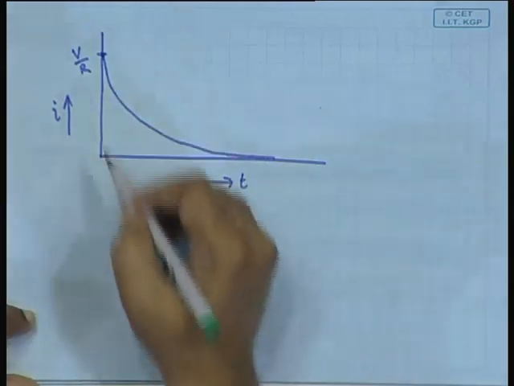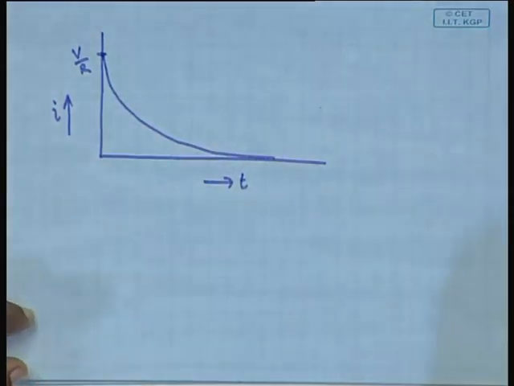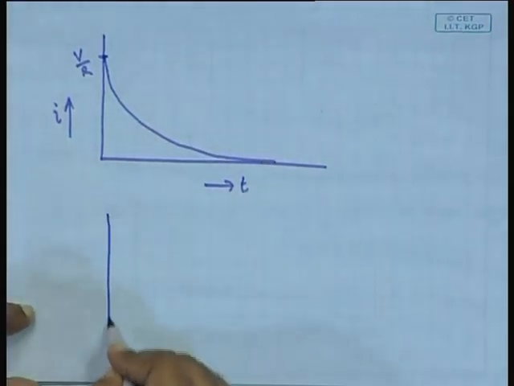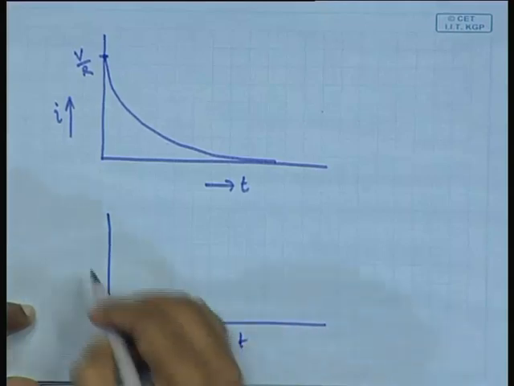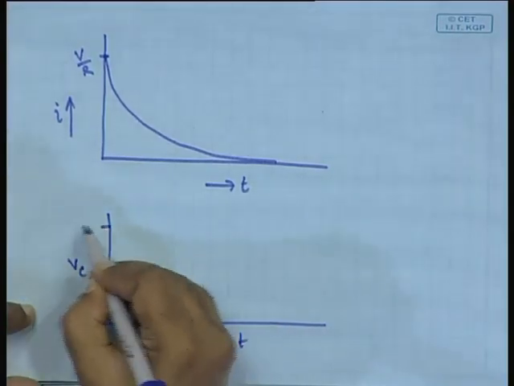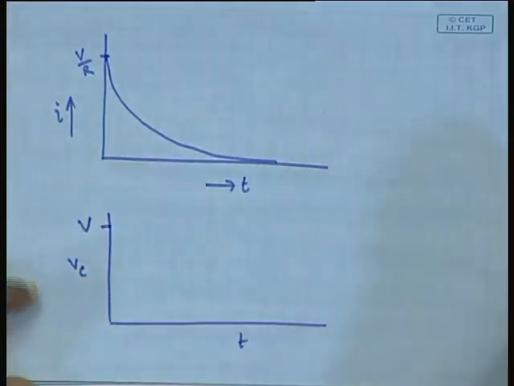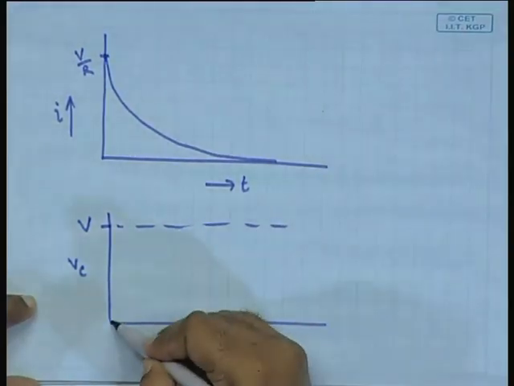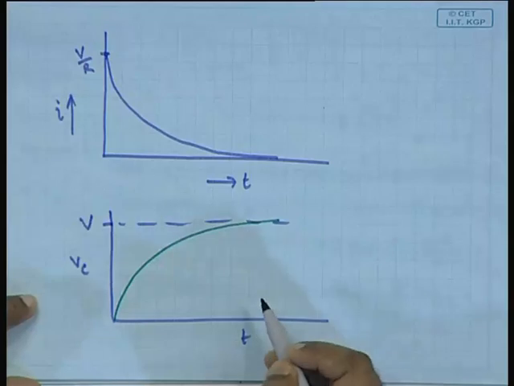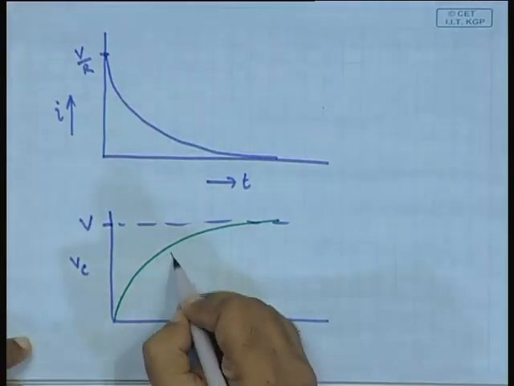We cannot draw it exactly on this, it will be in a different graph. This is V C, here is V. Fine, this is V C.